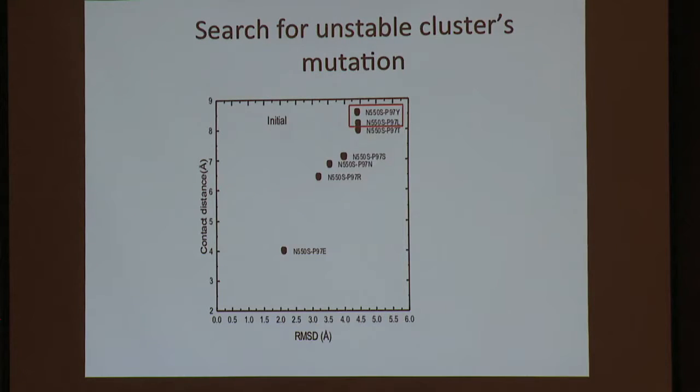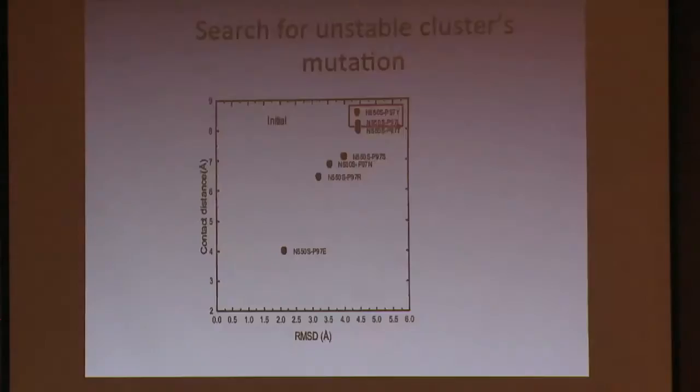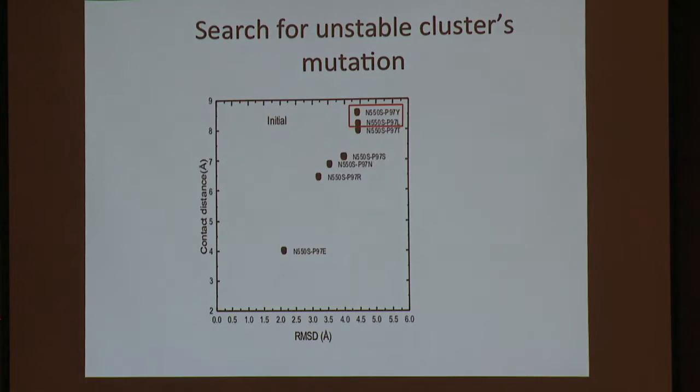So here's a particular mutation where the first antibody response is way up here. It's got horrible distance and fluctuations, repeated attempts, and finally on the seventh antibody replacement trial, we got a very, very good fit.